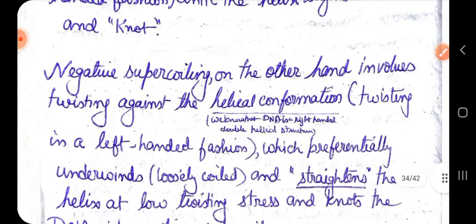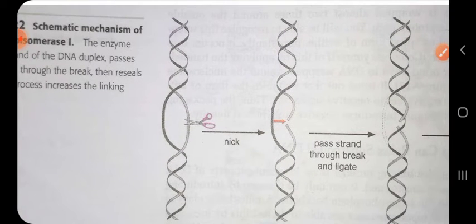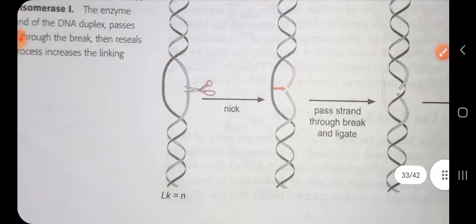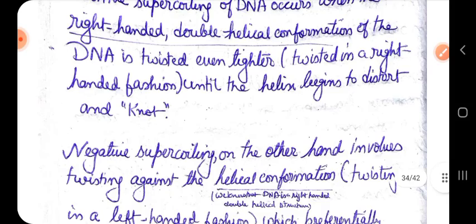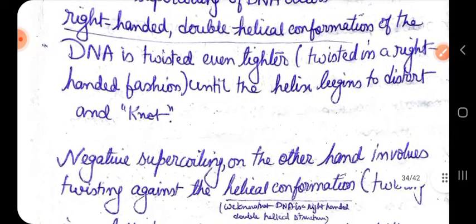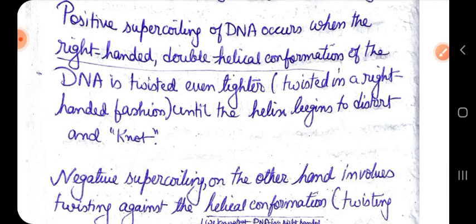So preferentially, the coiling will now become loose, just like this. The coiling will become loose, just like this. And to overcome this problem, topoisomerase also comes into function, right?